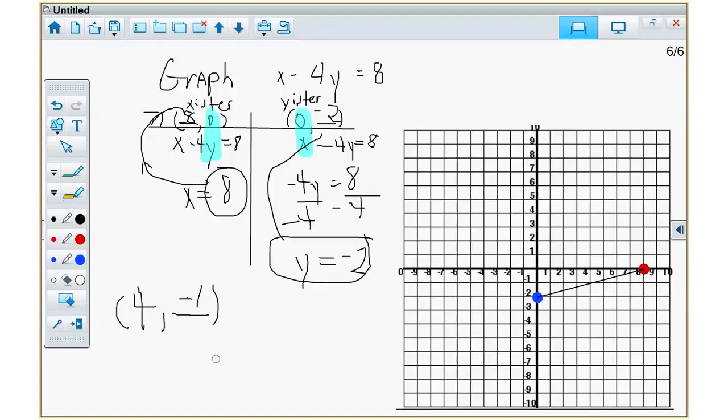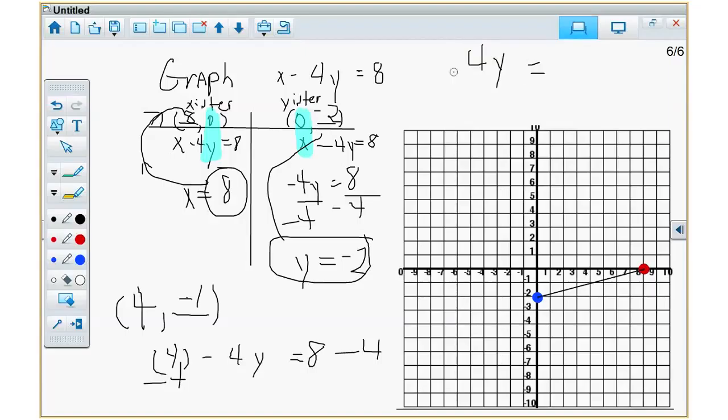All right, let me plug it in. x minus 4y is equal to 8. And what are we plugging in for x? 4. And how do you get rid of adding 4? Subtract 4.